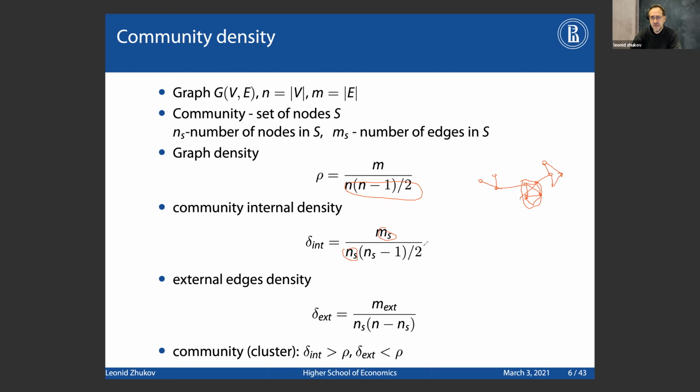Then we divide it by the total maximum number of edges that could be in that community, and that's going to be the internal density. We can also calculate external density, which is the edges outside of the community. Then we compare those, and we expect that internal density is greater than the average density in the graph, and external is less.